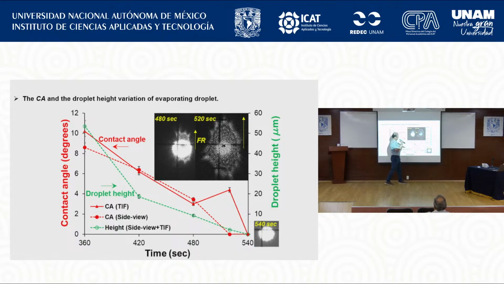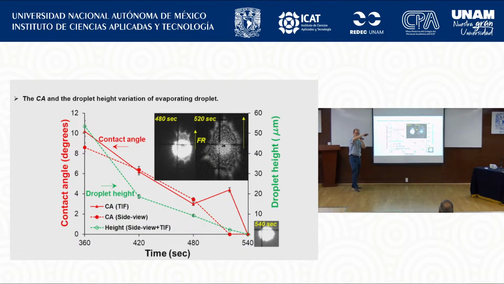Okay, this observation shows that the evaporating flux distribution is not uniform along the evaporating drumlet, along each surface.